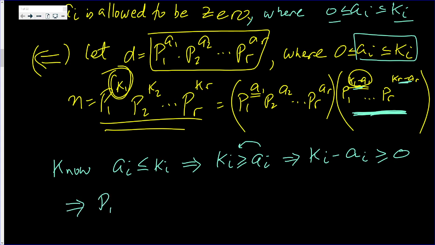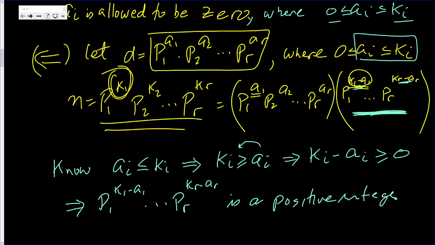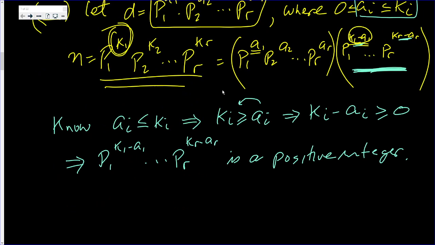That implies that p1 to the k1 minus a1 up to pr raised to the kr minus ar is a positive integer. Okay. So, what we have then is that d prime is greater than 0. So d prime is greater than or equal to 1.